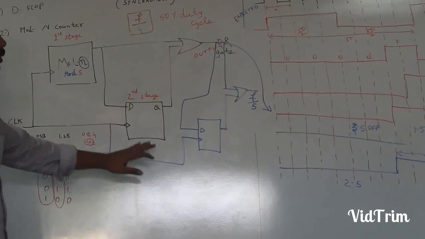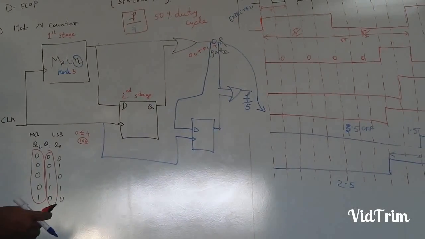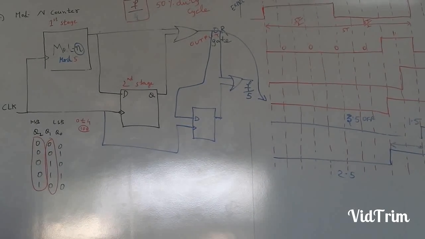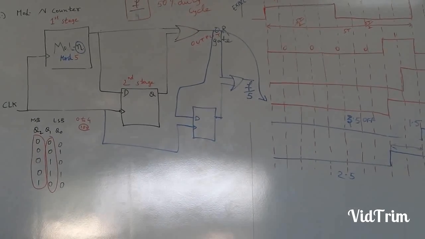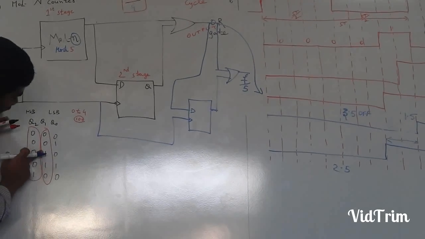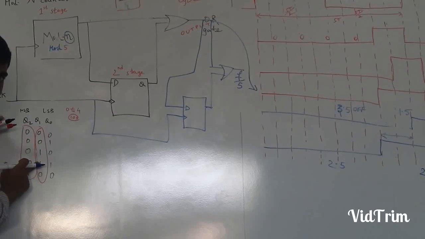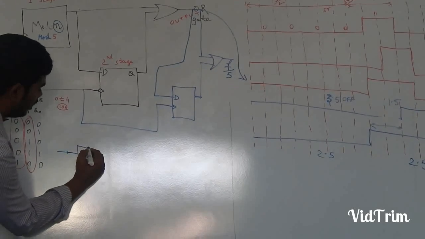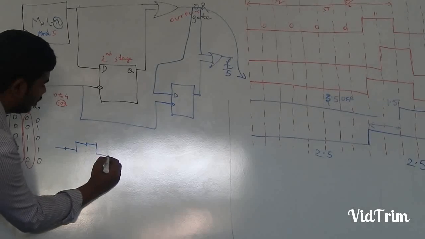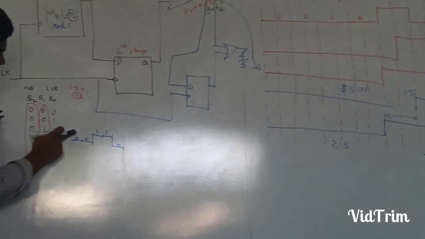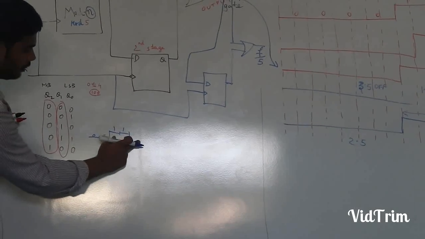Okay. So my conclusion is, just by seeing, you can easily say that you can optimize the hardware. See, if we take this Q1, this is on for 2 clock pulses, means 0, 0, 1, 1, 0. So these are the first, second, third, fourth and fifth clock pulses.